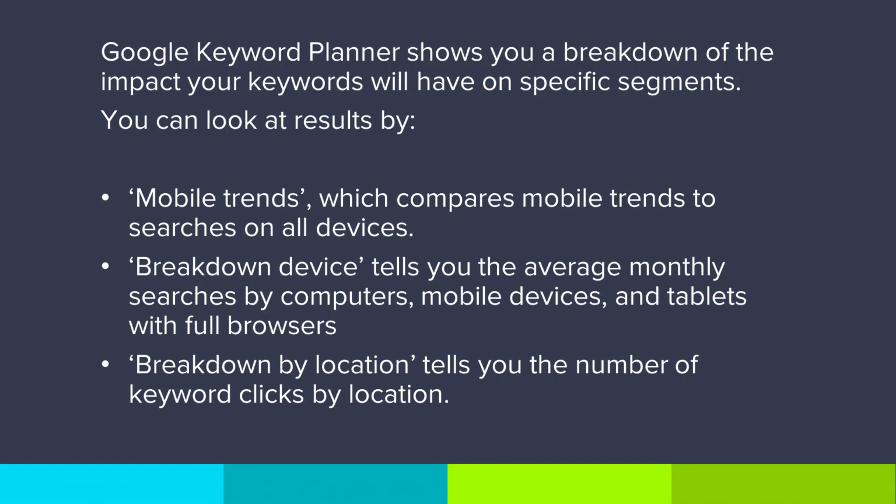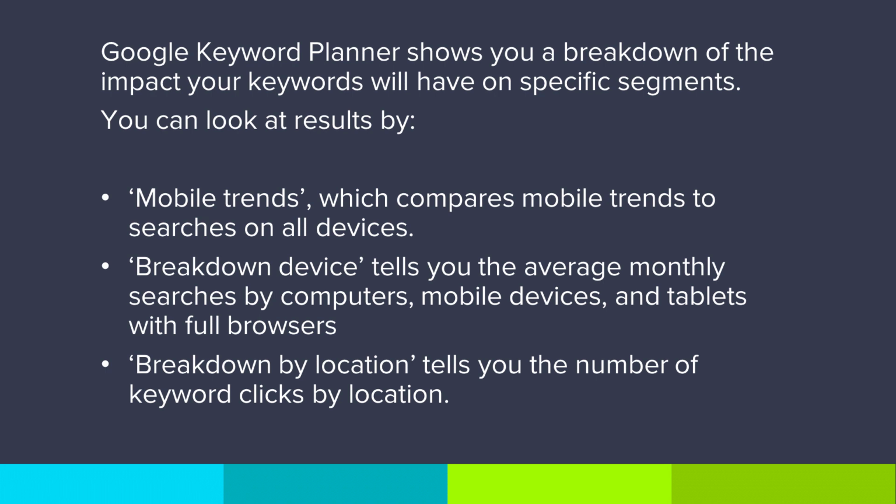Now, obviously, there are some other terms in this page area. Keyword, by relevance, is the list of keywords that Google thinks are the most relevant to either the keywords, phrases, or URL that you typed. Finally, the Google Keyword Planner will also show you a breakdown of the impact your keywords will have on specific segments.